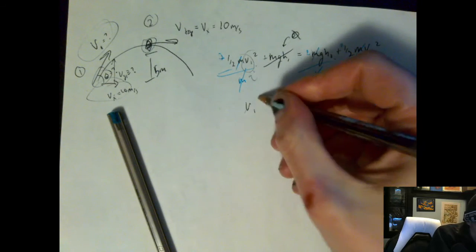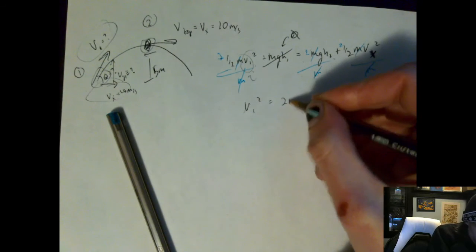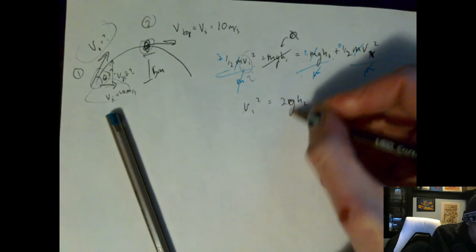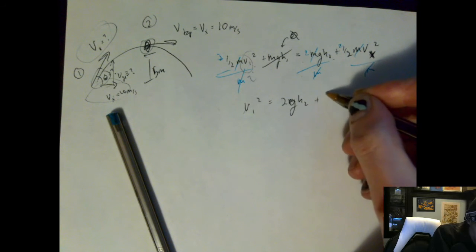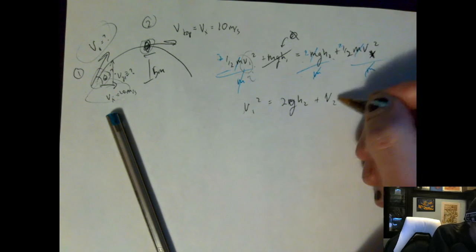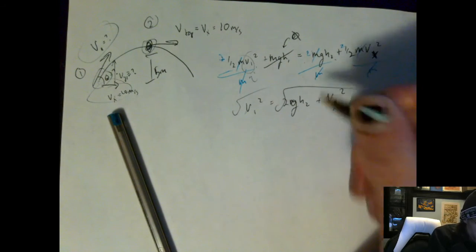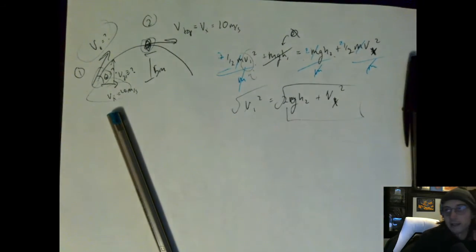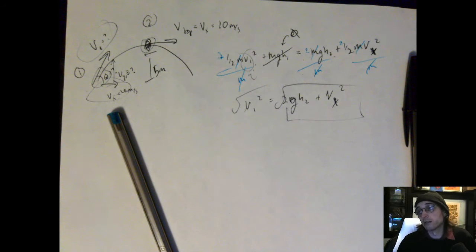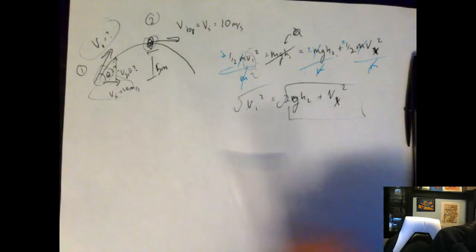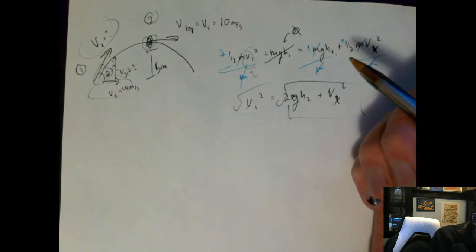Almost done here. We've got v1 squared is equal to 2gh2 plus vx squared, square root. This might look a lot like one of the kinematics equations, and that's because you could solve the same problem with kinematics, but you'd be making some assumptions that might not always hold, so you want to really be careful on that one.